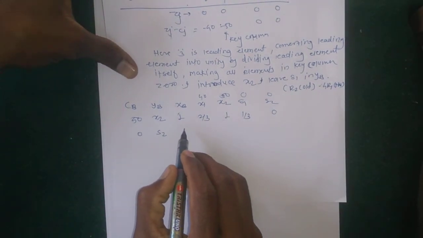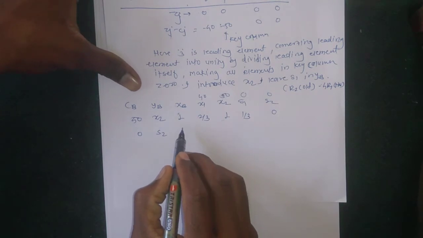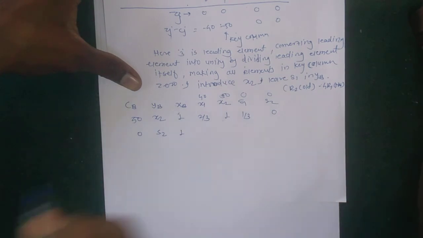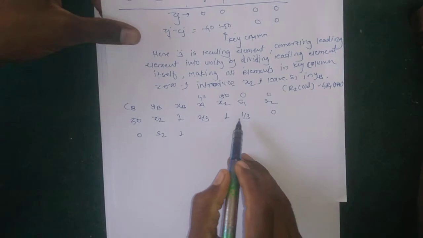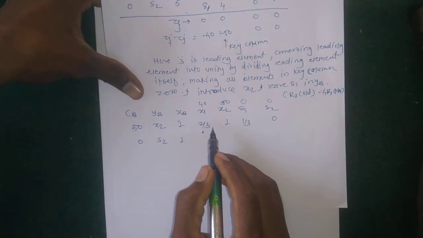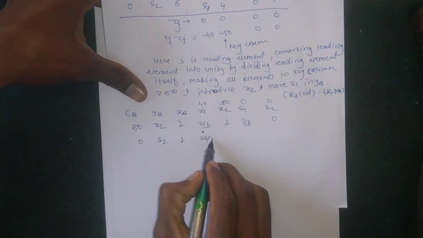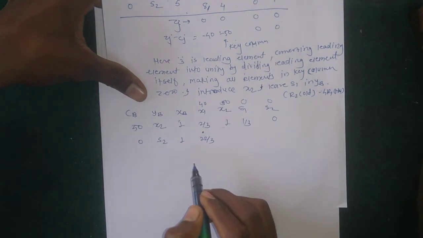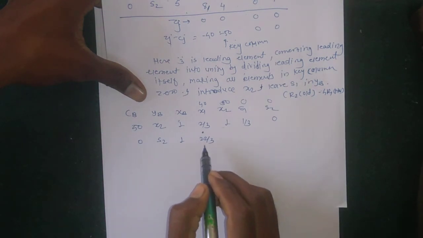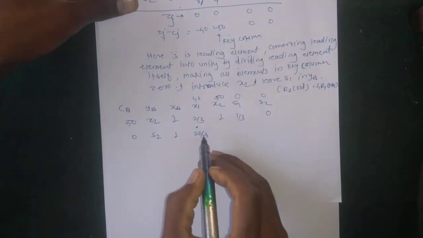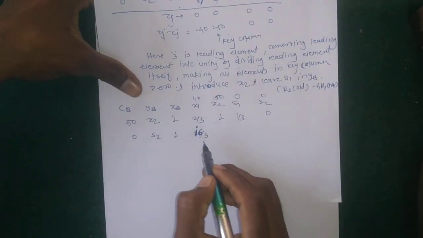The next operation is new r2 is old r2 minus 4 r1. So 5 minus 4 is 1, then 8 minus 8 by 3, which is 16 by 3.